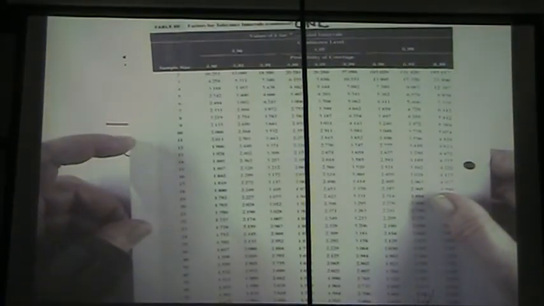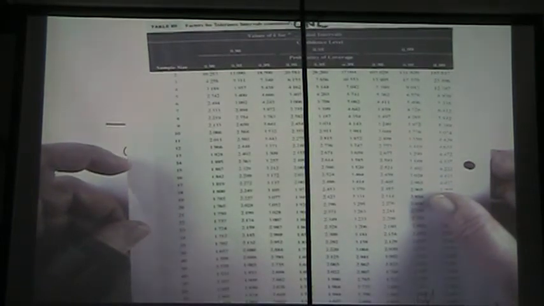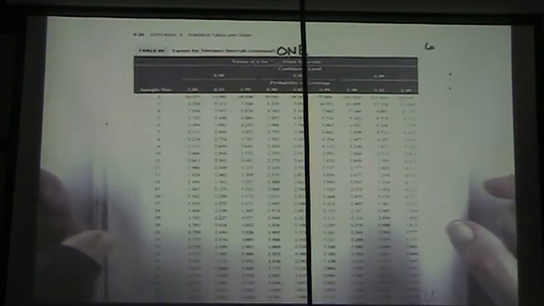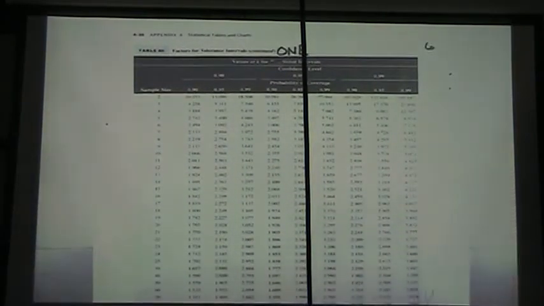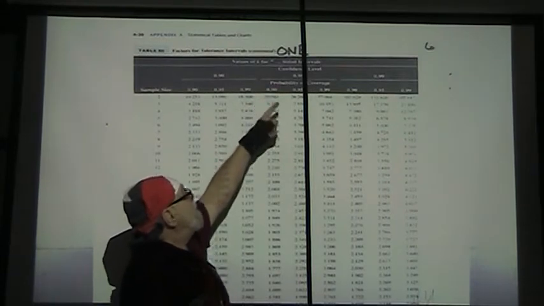Now, in your book, there are two tables, table 12 and table 12. What the hell? Okay, so they're both table 12, but this one, which is page A30, cross out where it says 2 and put 1.